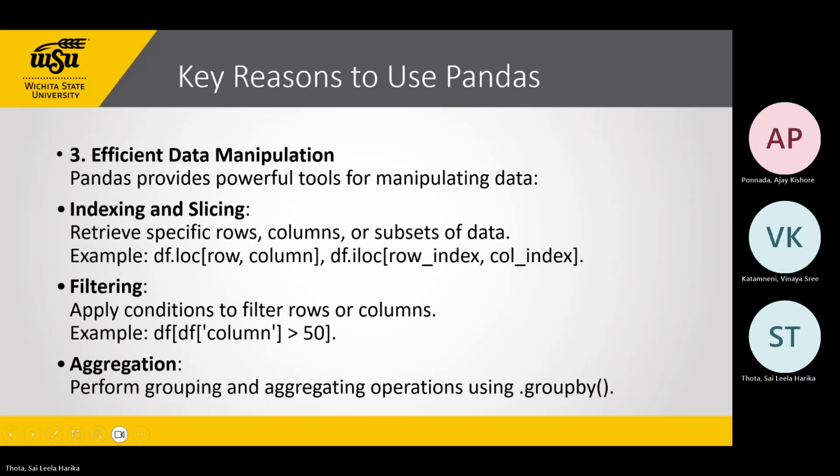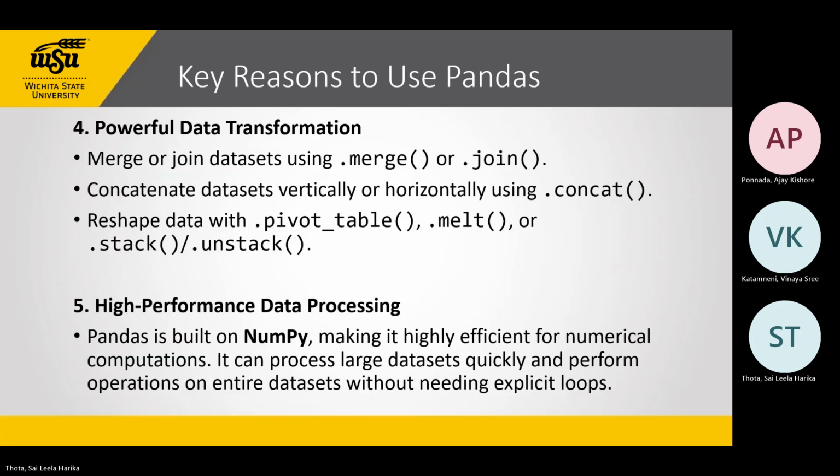Next. Okay. Powerful data transformation. Pandas is useful to merge or join data sets. As we discussed before, you got the data sets and you think that it's not the proper data and you require more data to process. Then you can use merge or join methods to do that.